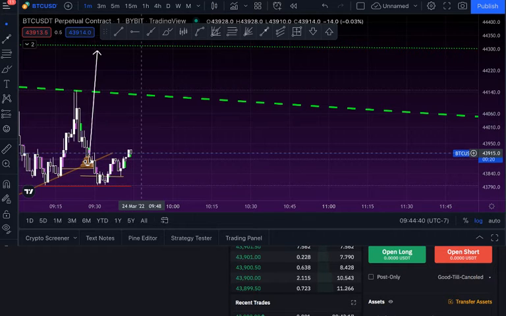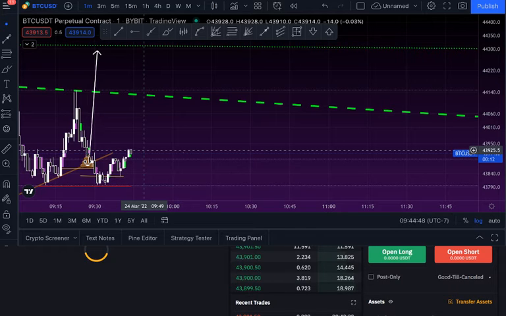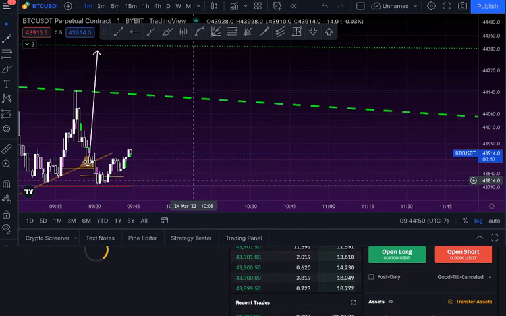Another flat-topped, equal high candles. I don't usually count those as swing highs. I want to see a nice wick and a clearly higher candle.